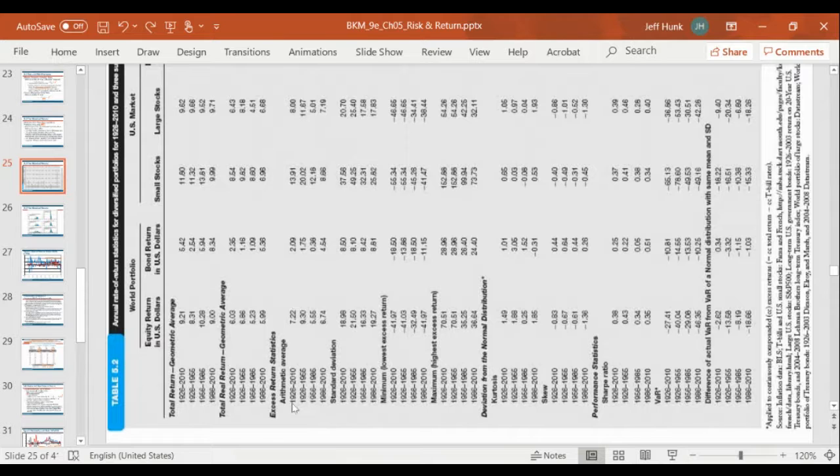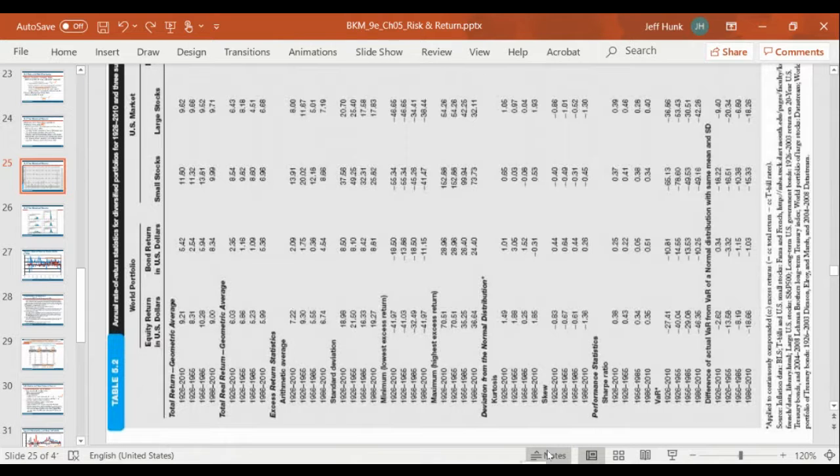And then they also calculated excess returns as an arithmetic average, and took the standard deviation, minimum return, maximum return, and also deviation from the normal distribution.